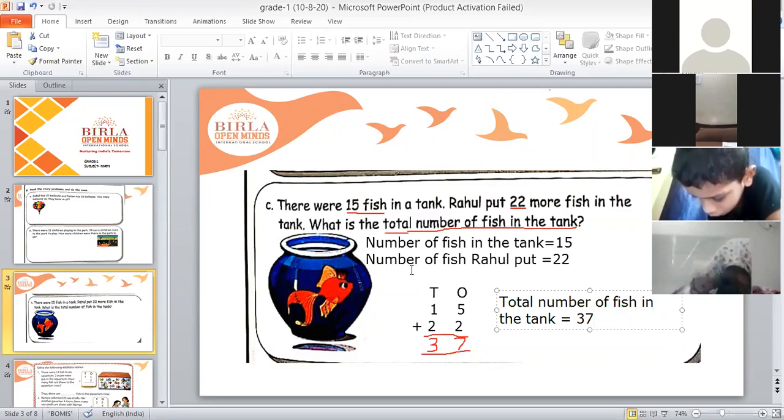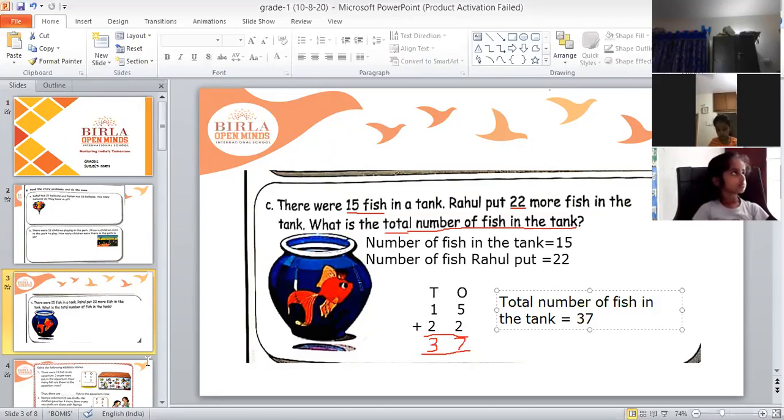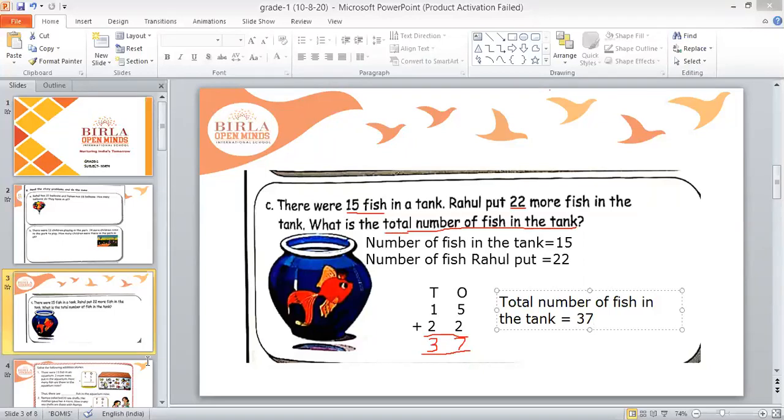Okay, those who have completed can open page number 72 of their math textbook, I Did It Mathematics. Yes, Advit, you are raising your hand. Ma'am, which page?